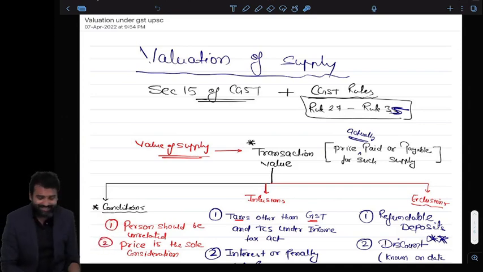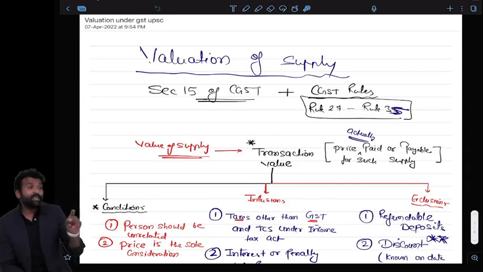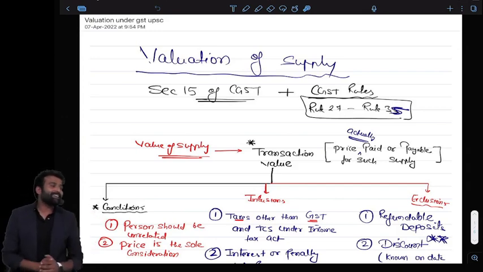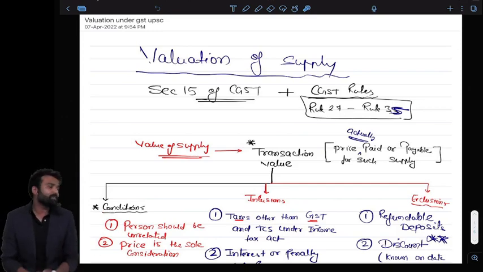So if I am covering this in 7 hours, of course some things I will write down but just not discuss in class. But when you revise, you will get that this is there. It cannot be discussed in class because we have some time limitation. Okay, thank you. So now we are talking about the value of supply, valuation of supply.